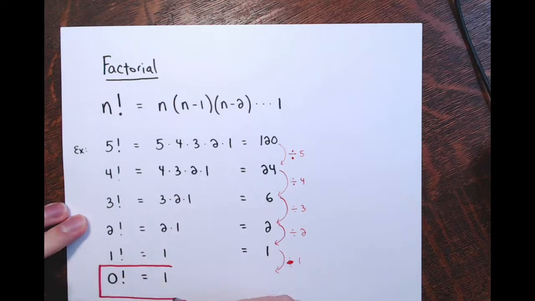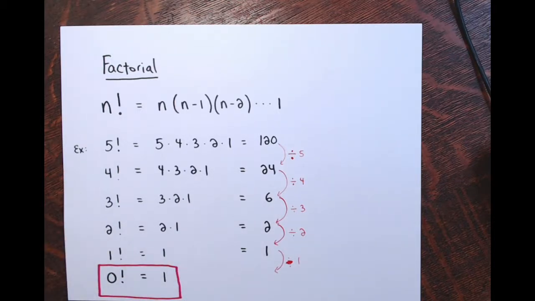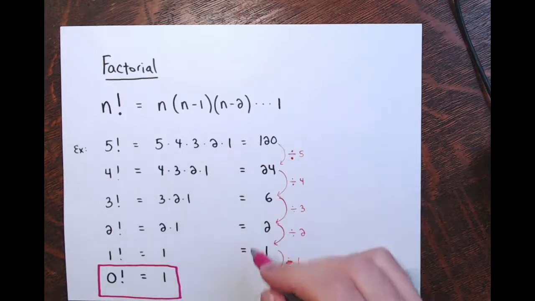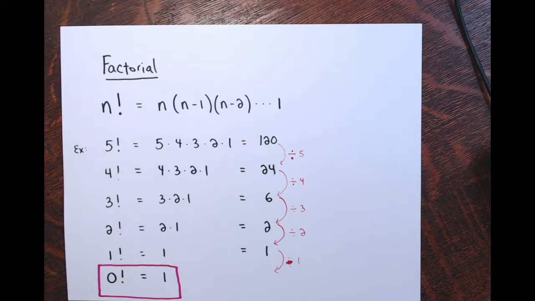Many people find this confusing. When you see 0 factorial, it's 1. It's not 0. And again, I like to point out that if you follow this pattern, it'll make sense, hopefully. And you can't divide by 0, so we're not going to go any further than that.